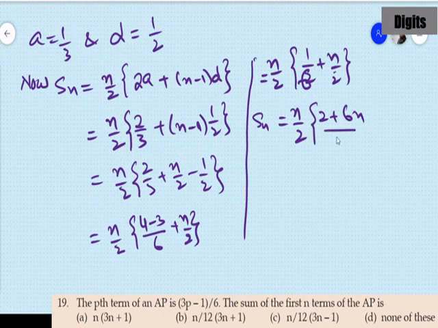Now after that, I will write it like n divided by 2, and I will take 2 common here, like that.